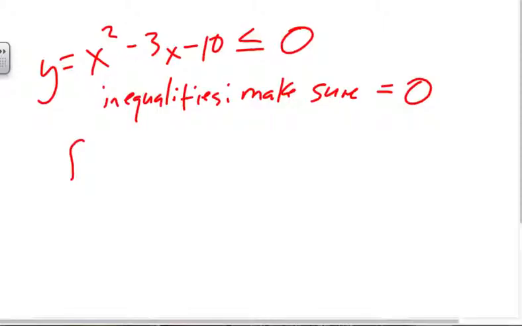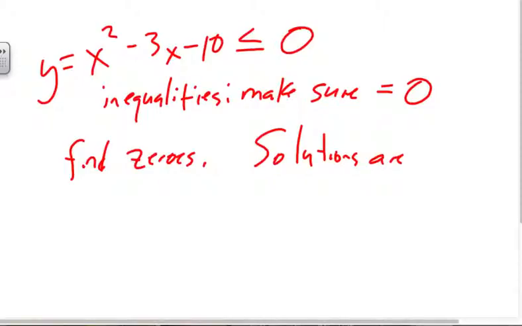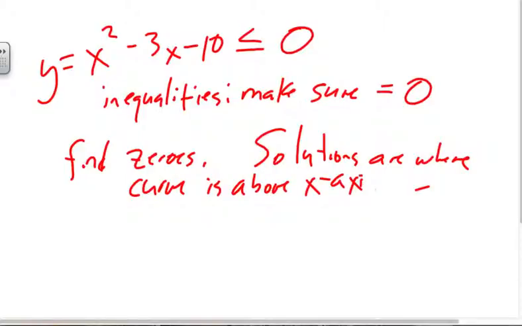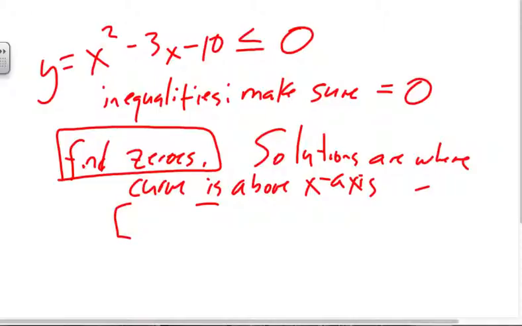You find your zeros, okay? The solutions are where the curve is above the x-axis, which is why you need to find your zeros. That's where it goes above and below it, and that gives you your bounds. So what you're going to end up with is bounds on where these things are. Okay, a left bound and a right bound.